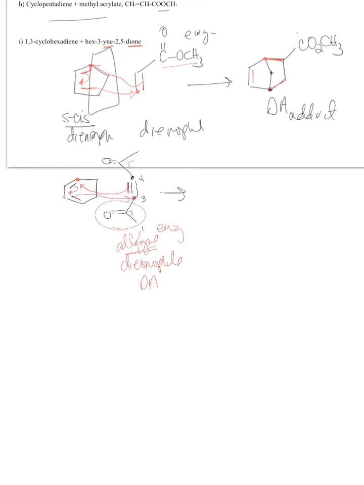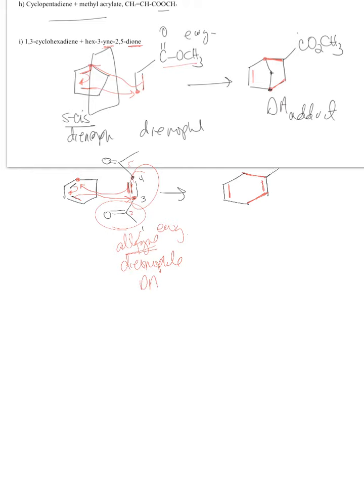So we redraw our six-membered ring. And we're going to draw our new pi bond. It's our new sigma bond. And now we also have to get this one in here because it was a triple bond, so that's still available. Let's go ahead and get our ketones in there.